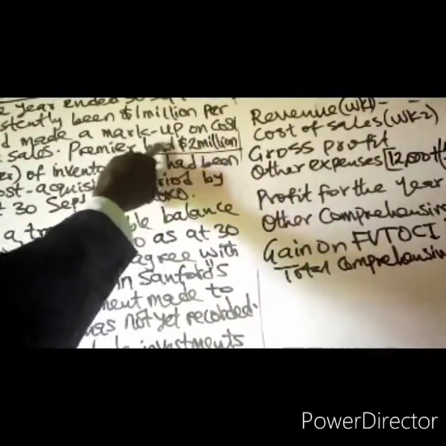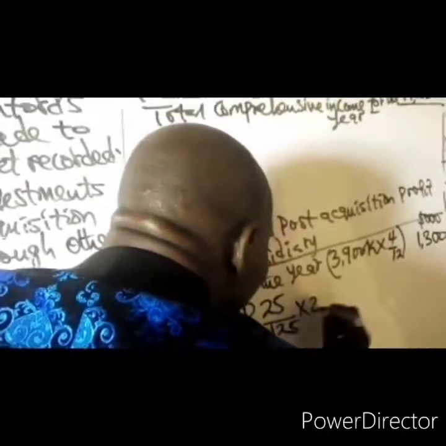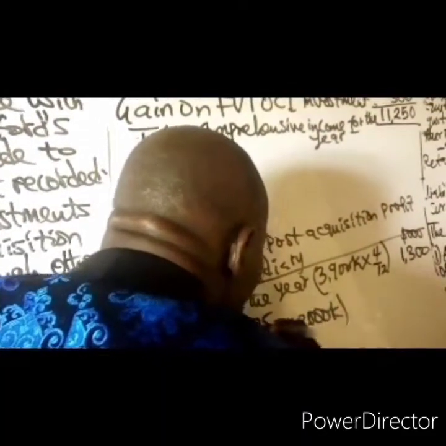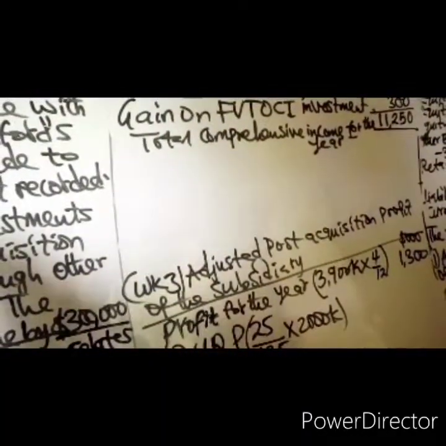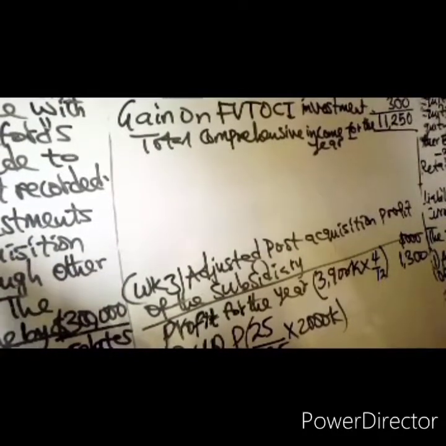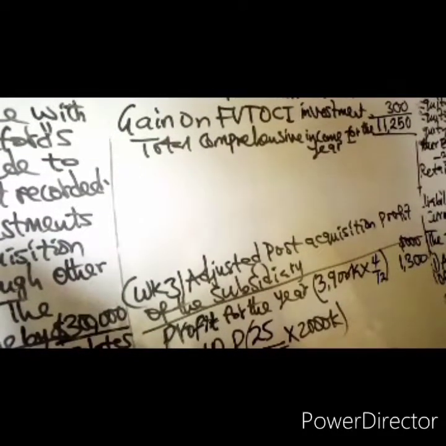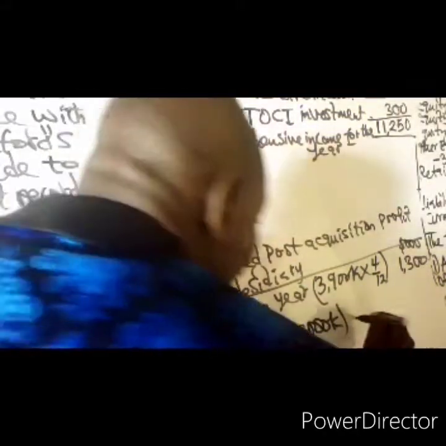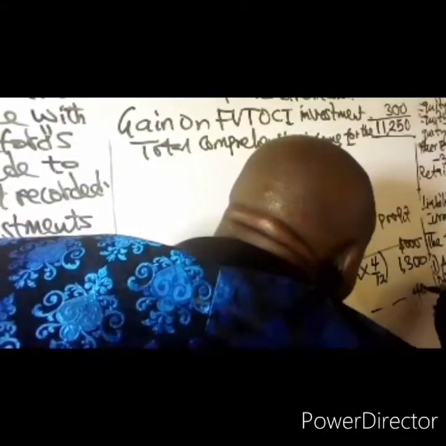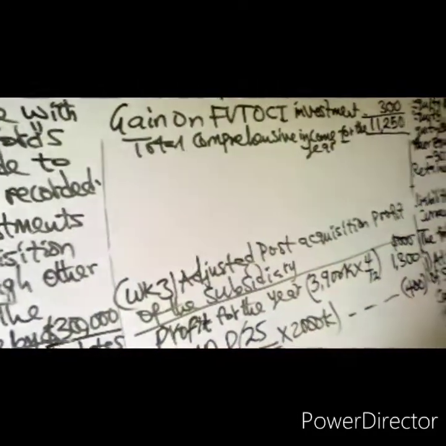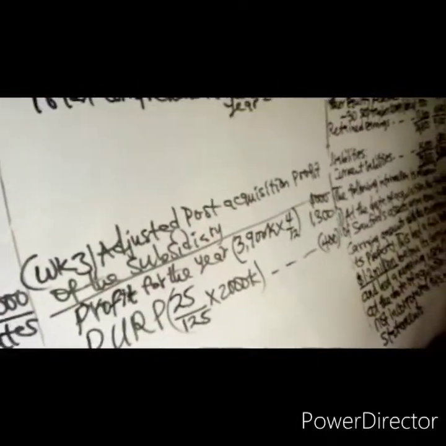We calculated it on 2 million with a markup of 25%. So we had 25 over 125 times 2 million. So the unrealized profit, 2 million times 25 divided by 125, and we have 400. The unrealized profit will be eliminated since it has been recognized.